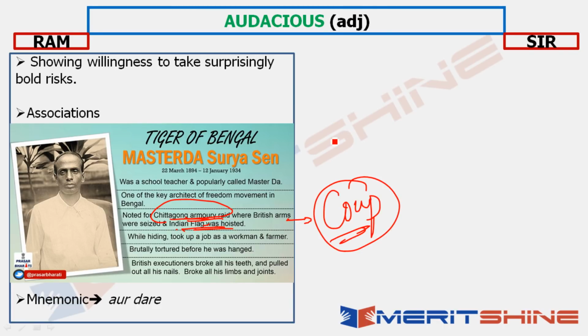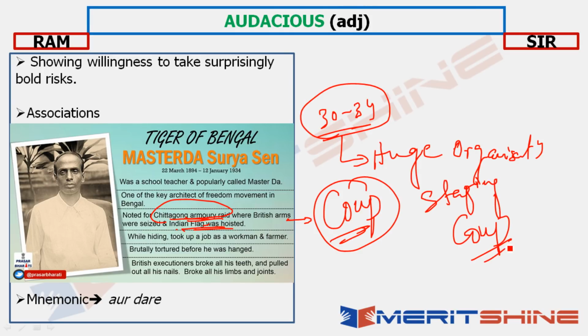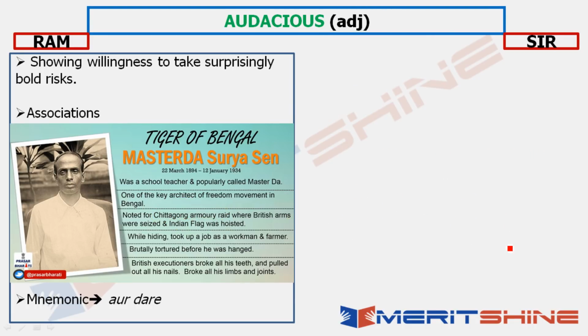So from 1930 to 1934, he made a huge organization which was on the brink of staging a coup in the Chittagong district. But that could not happen. The reason was that he was betrayed by one Netra Sen.